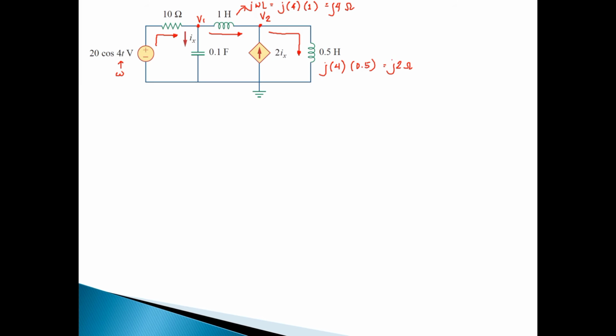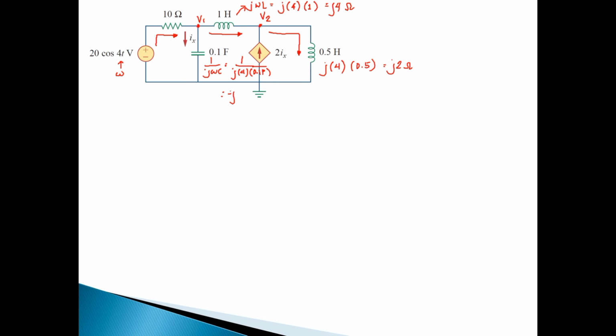And then for the 0.1 farad, we have 1 over j omega C, which is 1 over j times 4 times the capacitance, 0.1. So that would be 1 over j times 0.4, or 10 over 4.